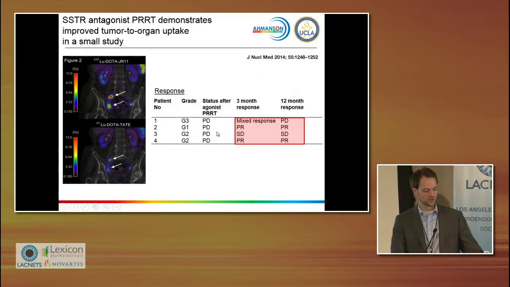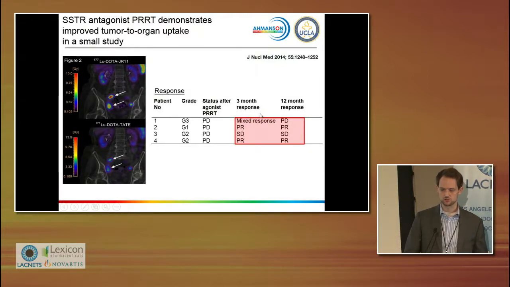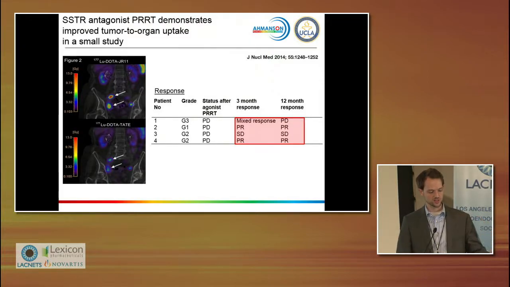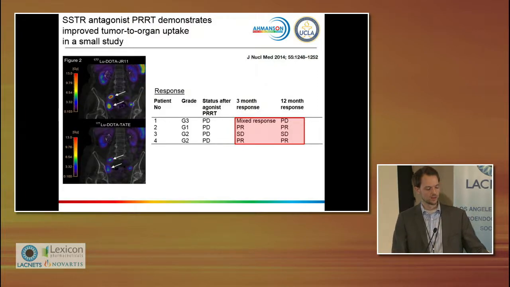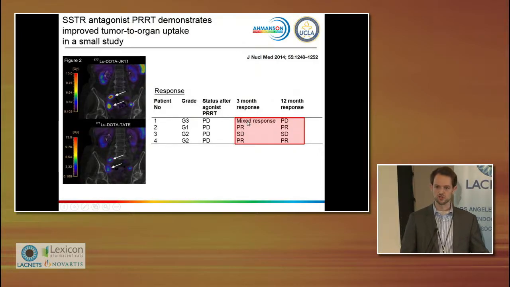Again, all 4 patients had progressive disease, were progressive under prior PRRT, and the 3 months response based on morphologic findings, based on RECIST, based on change of tumor size, indicated that 2 of the patients had a partial response, so roughly the tumor size decreased about 30%. 1 patient had stable disease, so size did not change significantly, and 1 patient had a mixed response. This usually occurs when, for example, the tumor size decreases but a new lesion occurs.